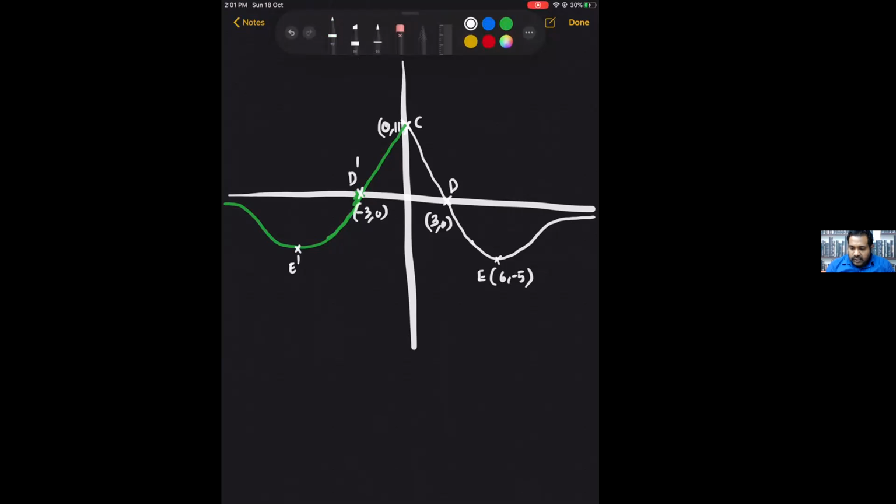What about E dash? It is -6, -4. So this is how we draw the graph of h of modulus of x.